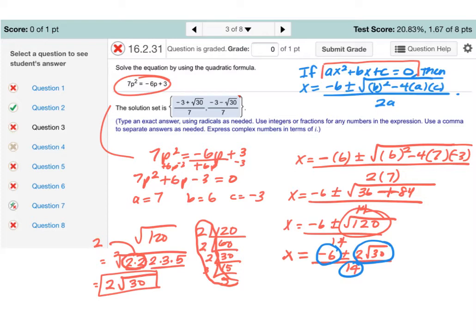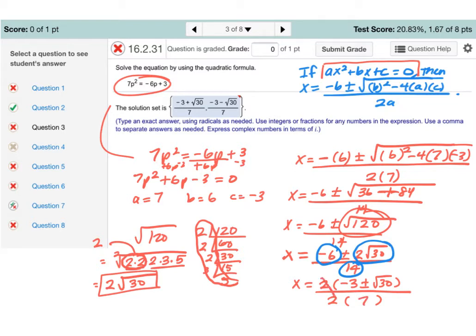So when we simplify, we want to factor out 2 in the numerator and in the denominator. If I factor out a 2 from negative 6, I have a negative 3. If I factor out a 2 from 2 square root of 30, I'm left with the plus or minus square root of 30. And if I factor out a 2 from 14, I'm left with 7.